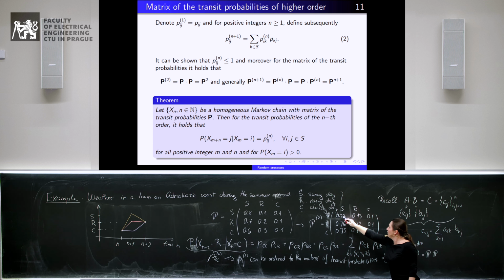And each number in this matrix gives us the probability of getting from the weather corresponding to the row to the weather corresponding to the column in 2 steps, in 2 days. So for example, this 0.12 is the probability that if it is rainy today, it will be rainy in 2 days, and so on.